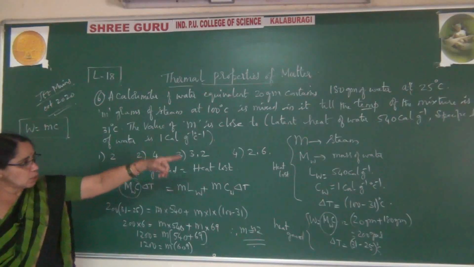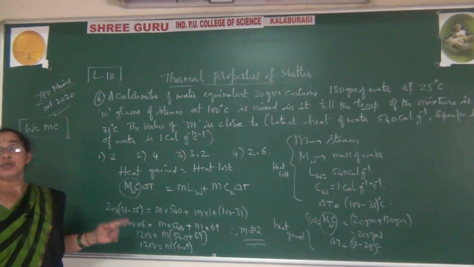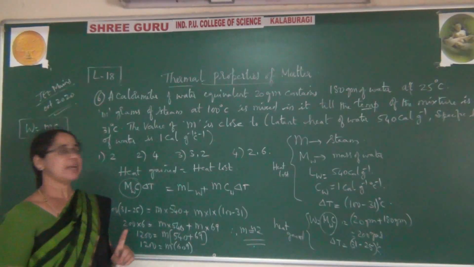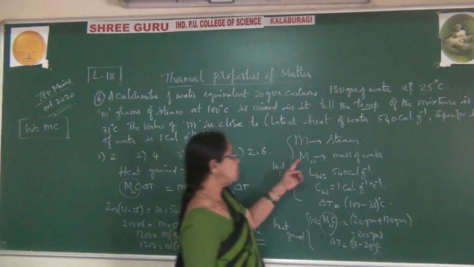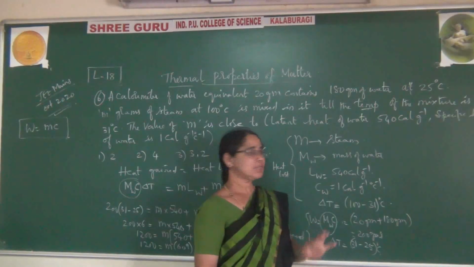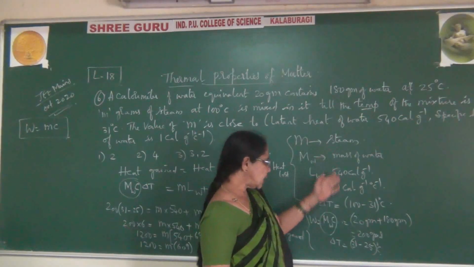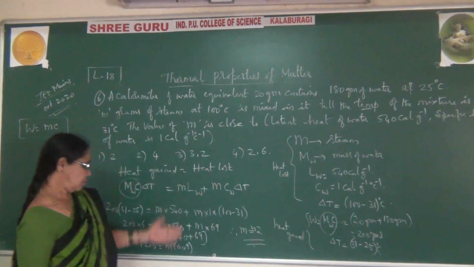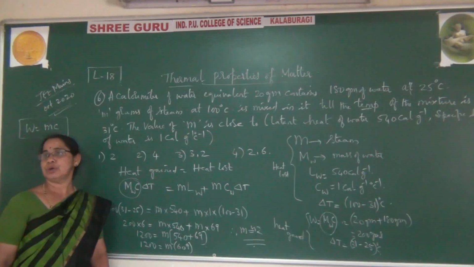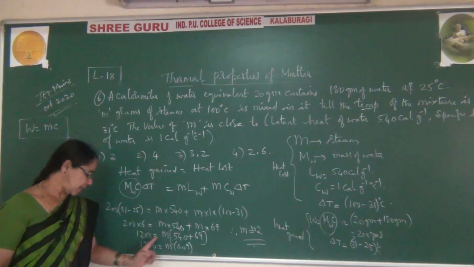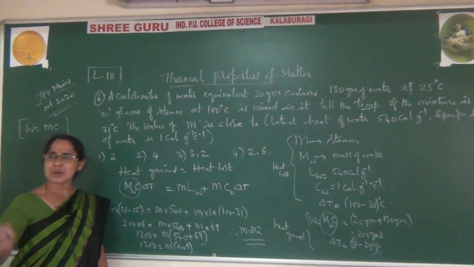By using all those steps, to avoid confusion I have taken one as capital M, another as small m. Capital M represents mass of water, small m represents mass of steam. These are the data given here, and using only this step we get mass approximately equivalent to 2, because here it is 609, here it is 1200.